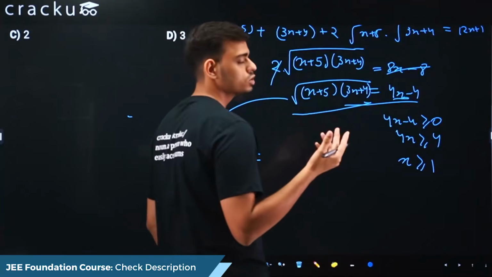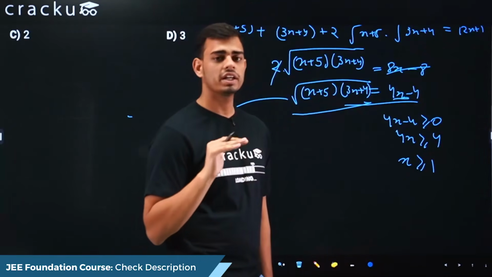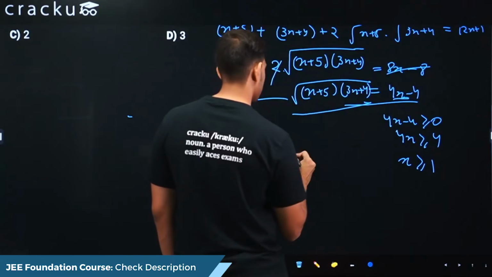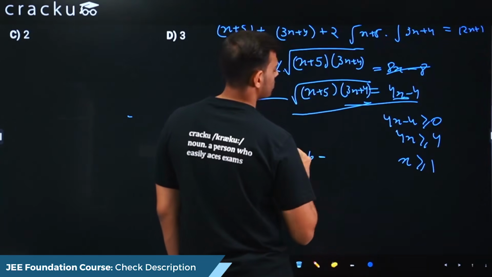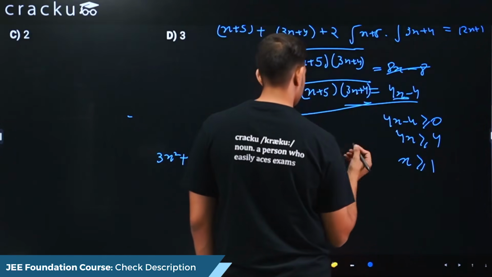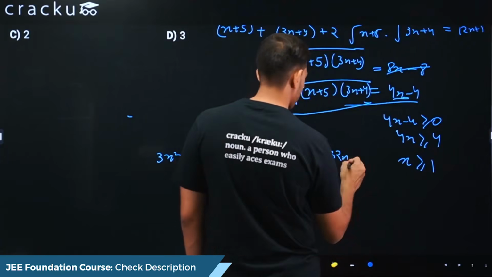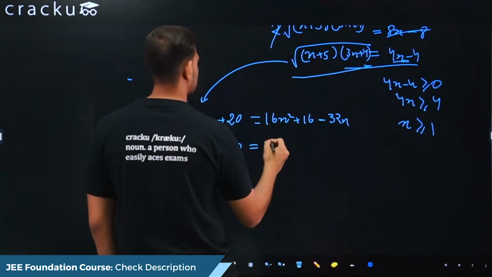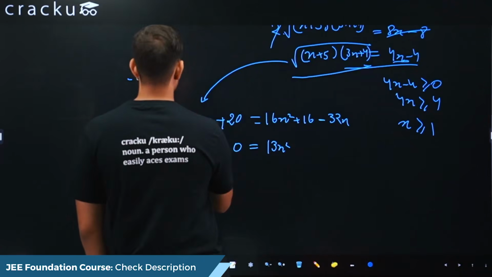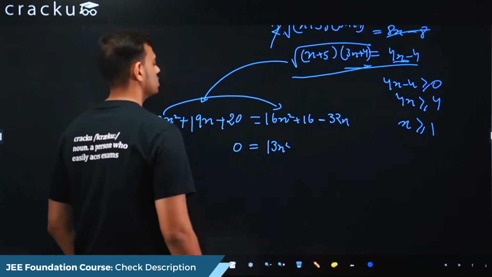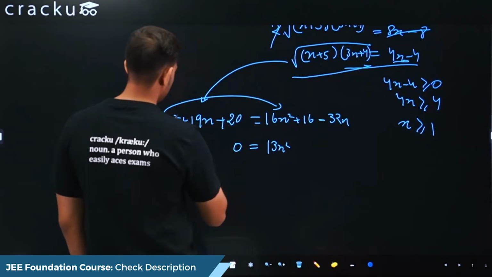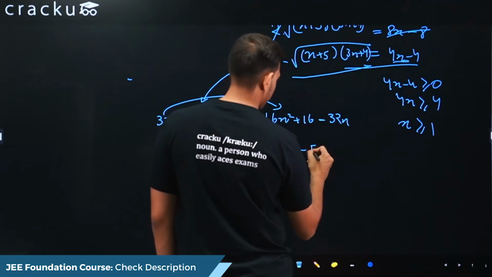A minus b whole square is a square plus b square minus 2ab. A square is 16x square plus b square is 16 minus 2ab is 4, 16 times 2 is 32x. Okay, so I get 0 on the LHS, 13x square because 3x square will come here, 16x square minus 3x square. Minus 32x minus 19x is minus 51x.